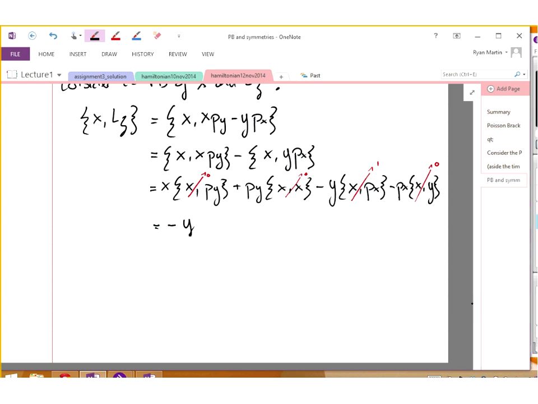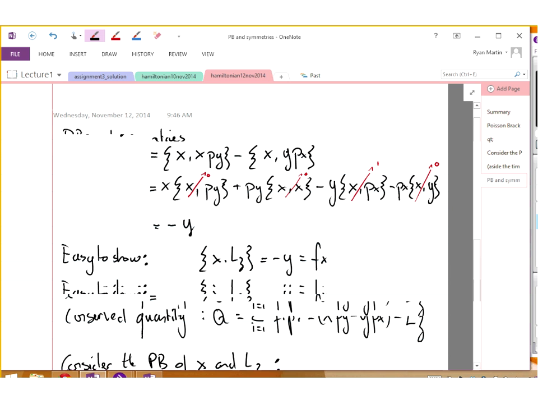So it's easy to show that. You can do the same thing with y, and you'll get plus x. So x with Lz, we just showed that one, is equal to minus y.